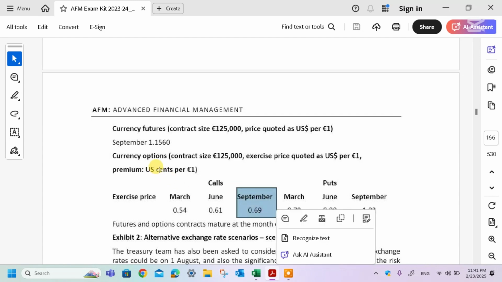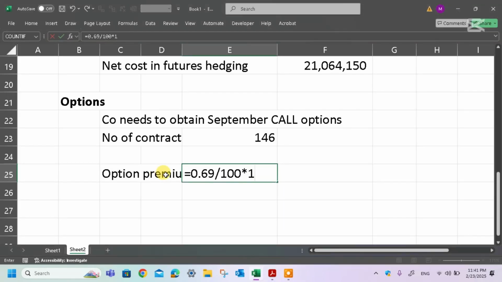That cents I divide by 100 to make it dollar. 100 cents is $1. Multiply that by 125,000 euro. So this will give you one contract's option premium. You want to see this? Look, 0.69 divided by 100 dollars per euro, multiplied by 125,000 euro.